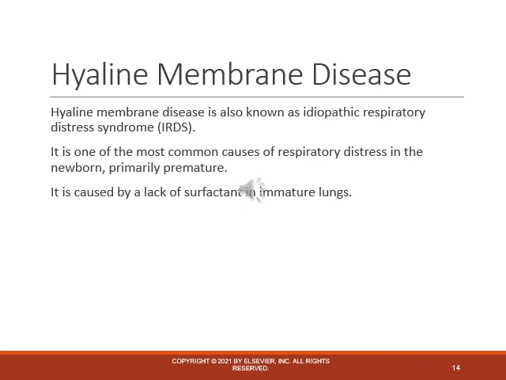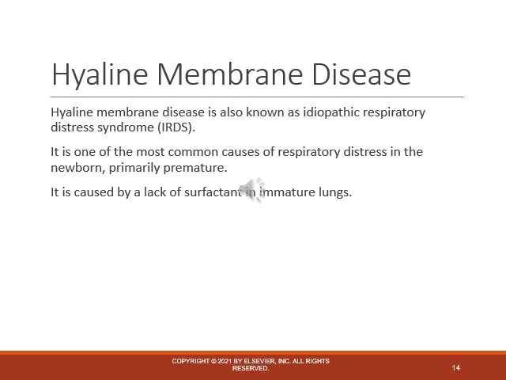However, most of these children born with this problem are actually born premature and often to diabetic mothers. It is estimated that the problem really lies in the fact that these premature babies have not had the time to produce enough surfactant.